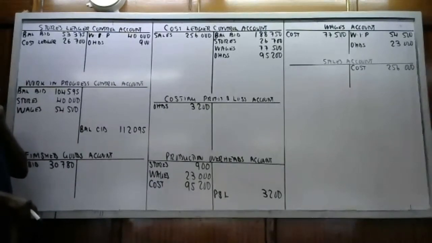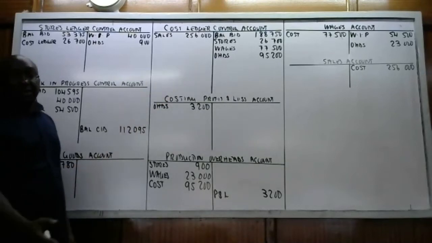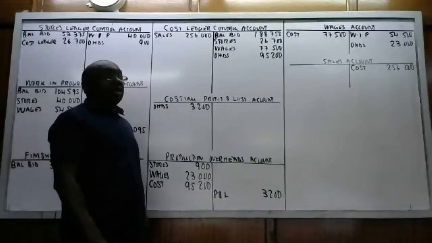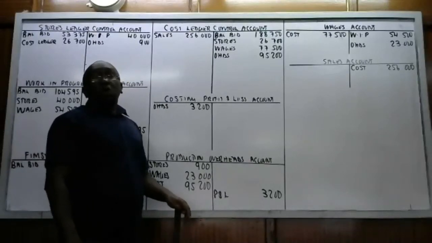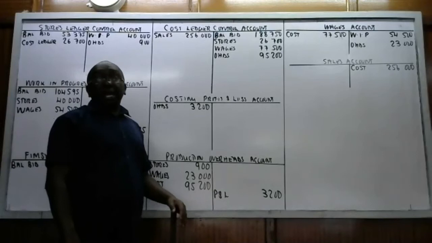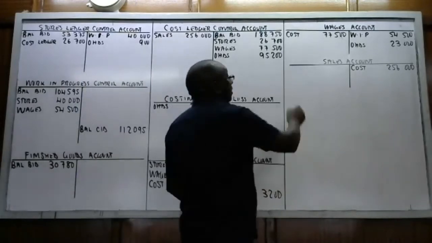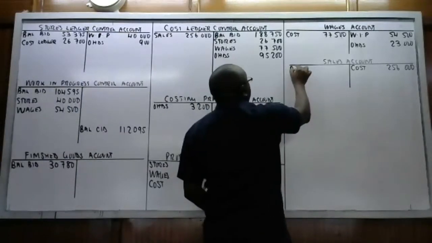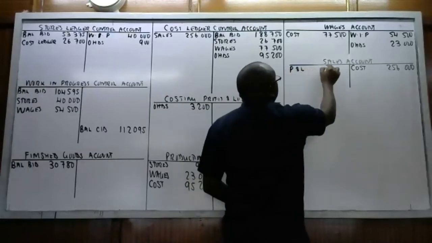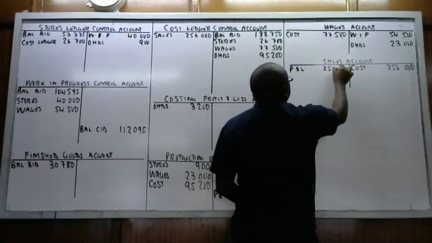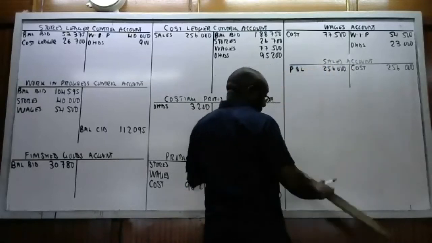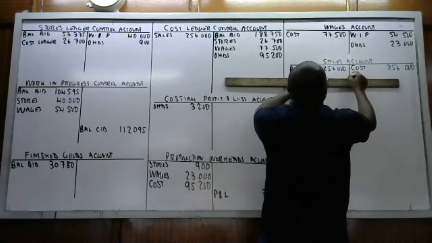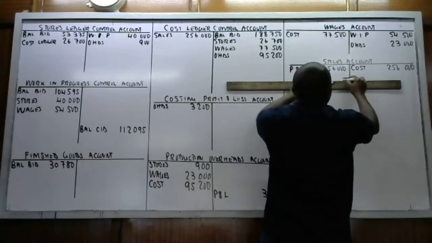So for the sales account, you obviously close it to the P&L. So we come here and say because of P&L, 256,000, and this account will be fully closed.